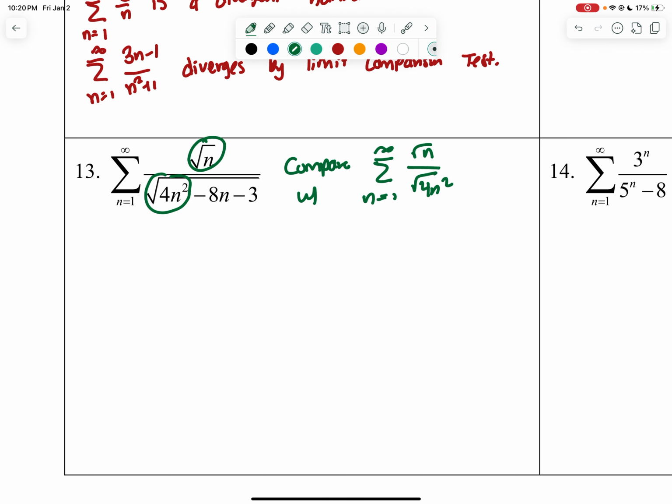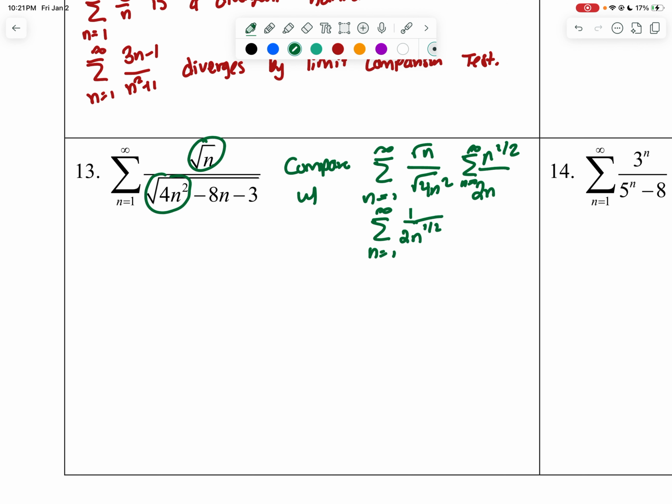So let's see, the square root of n is n to the 1/2, and the square root of 4n squared is 2n. So then if I were to do my final comparison, this is going to be compared with 1 over 2n to the 1/2 right here.